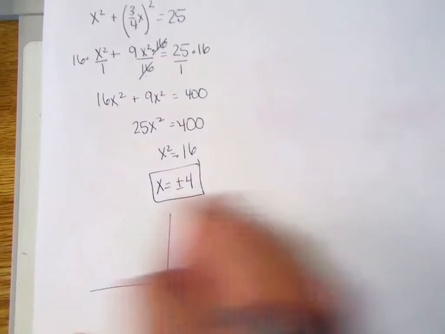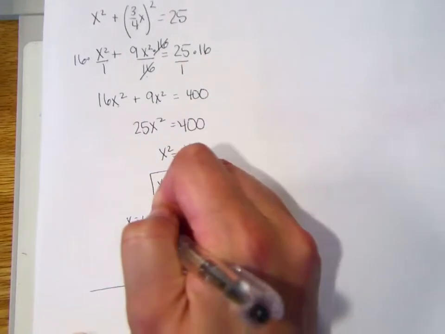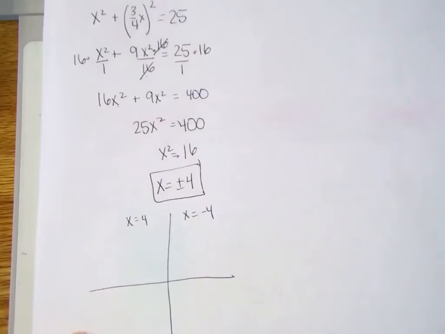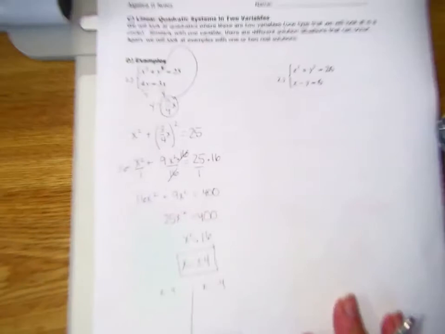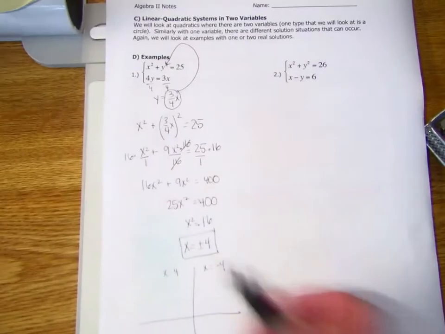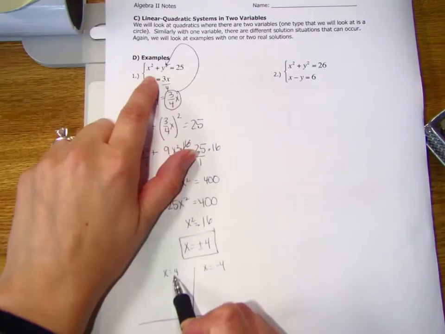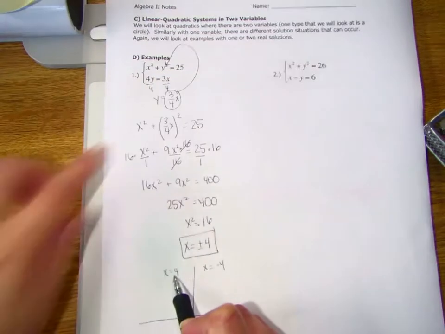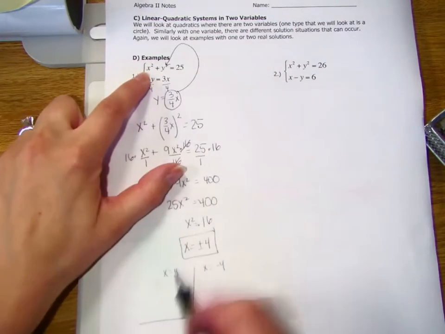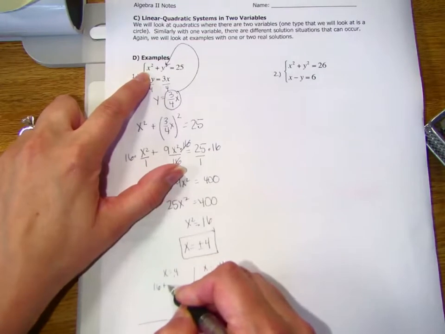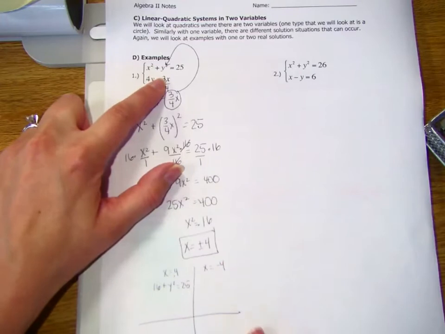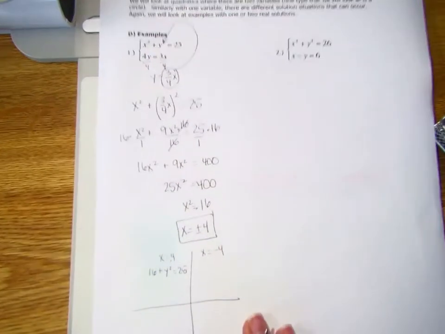Then we want to go back to our little chart, x equals 4 in one, x equals negative 4 in another, and plug those in. For 4, I'm plugging 4 in for x. So this is 4 squared, which is 16, plus y squared equals 25. Then I'm solving that for y.